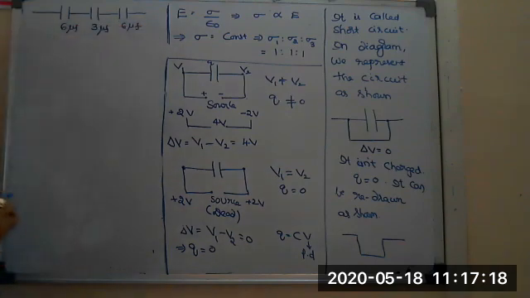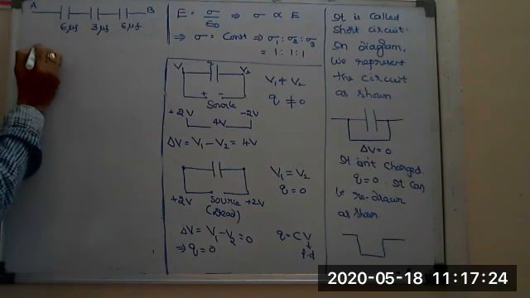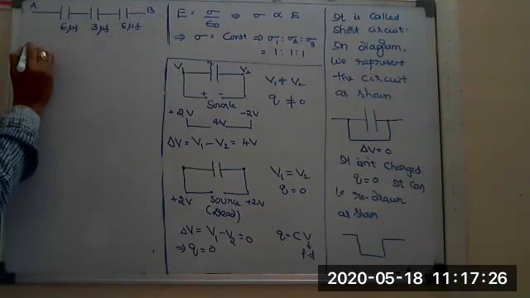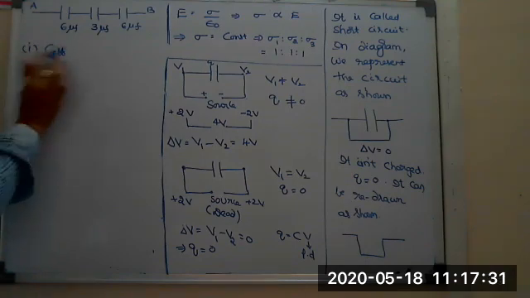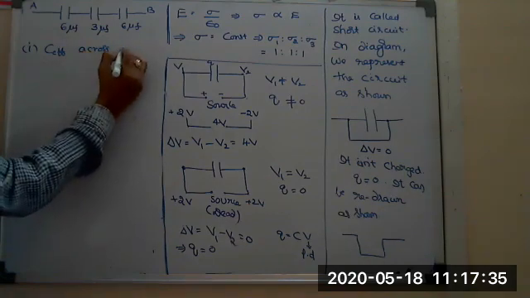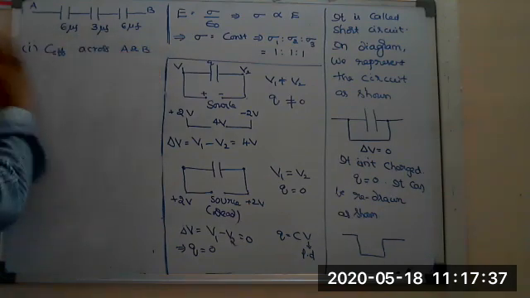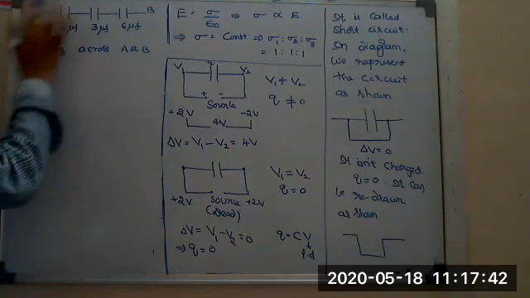If I ask what is the effective capacity, C effective, across A and B, there is no confusion.